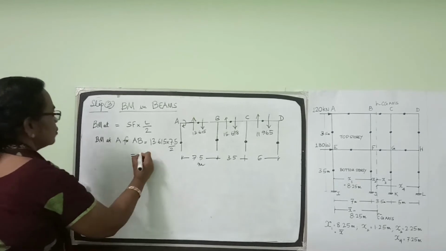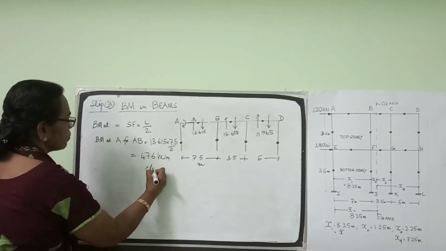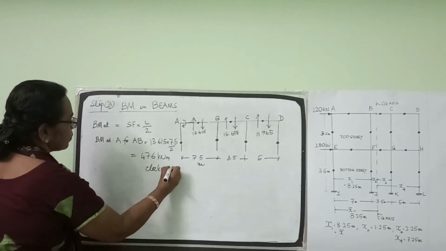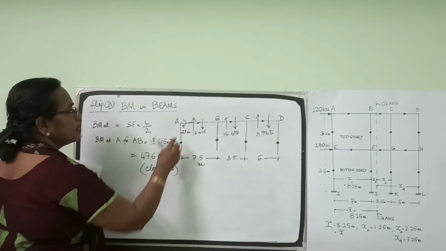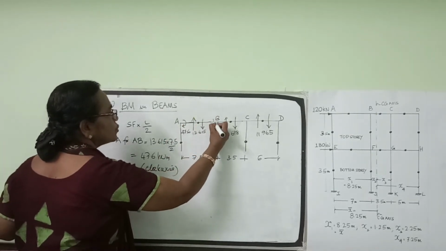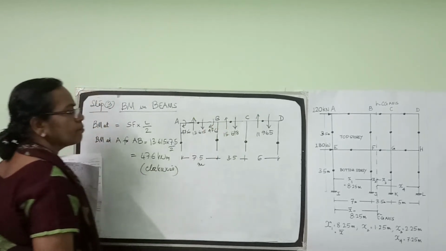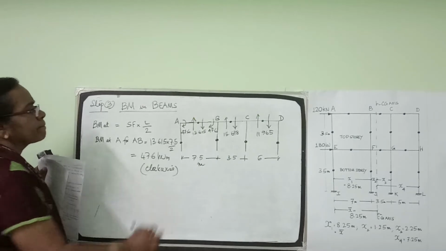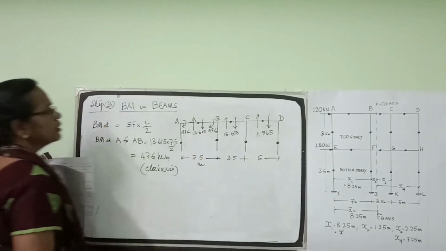It works out to 47.6 kilonewton meter clockwise. If this is 47.6, at this end B there should also be the same moment, clockwise, 47.6.